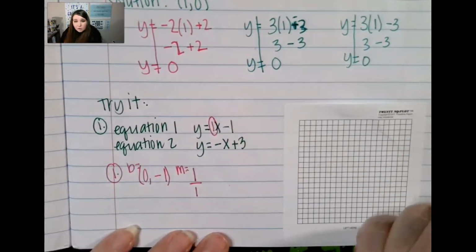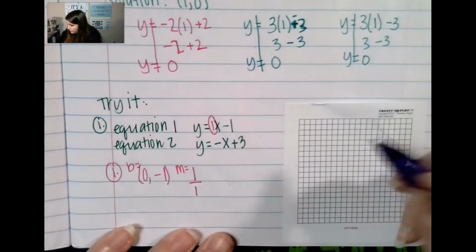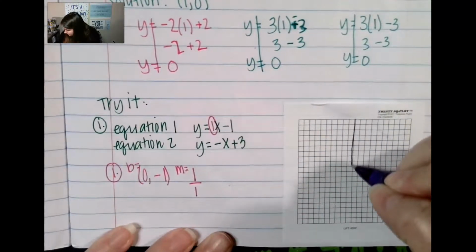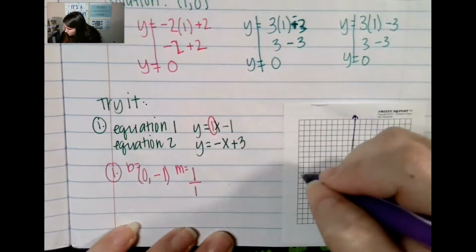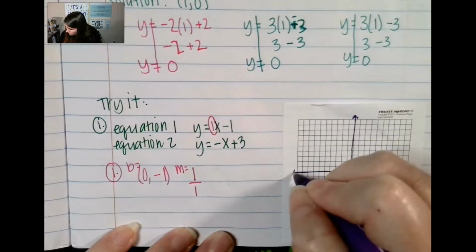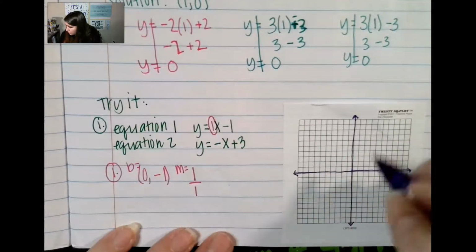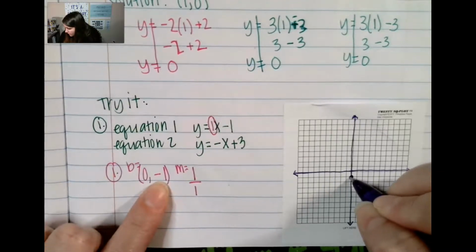So let's go ahead and graph this equation first. We're going to go nowhere, and then we go to negative 1. There we go.